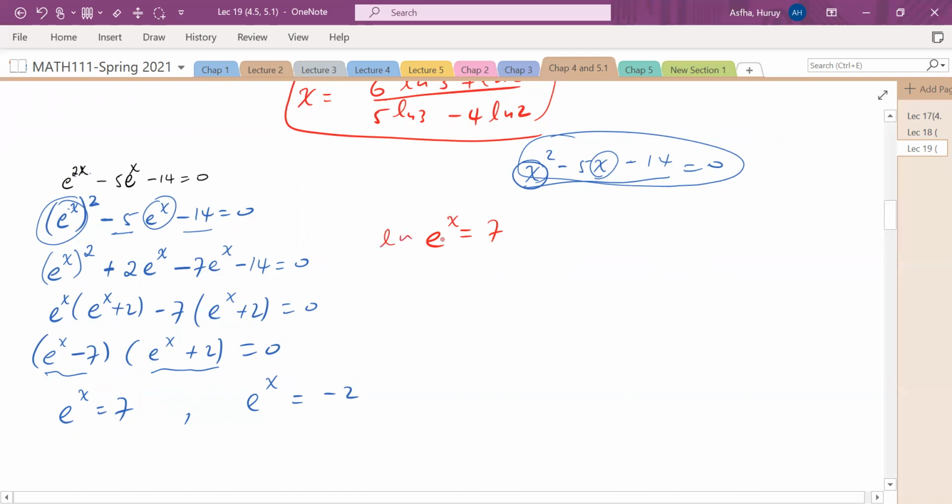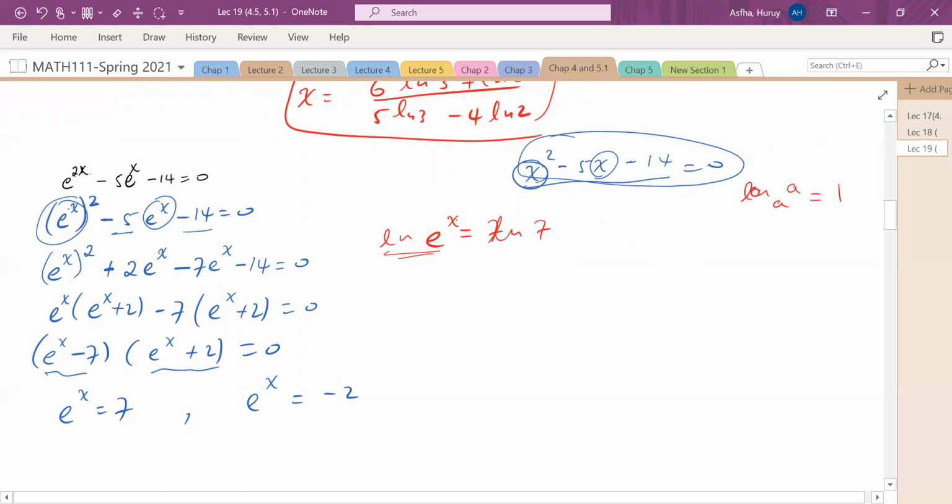So let's take ln on both sides. Now, what is ln of e to the power of x? Remember, if we have the same base and the same argument, this is always 1.